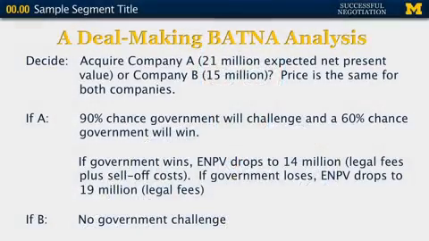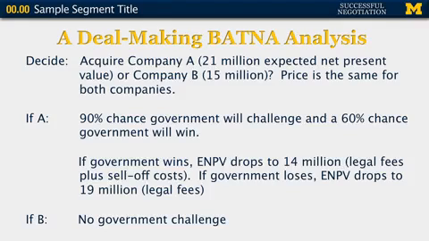Decision tree analysis is also a very useful tool for doing a BATNA analysis when you're involved in negotiating a deal. And here's an example. Let's assume that you're making a decision. Should you acquire company A, which has a $21 million value, or company B, which has a $15 million value?